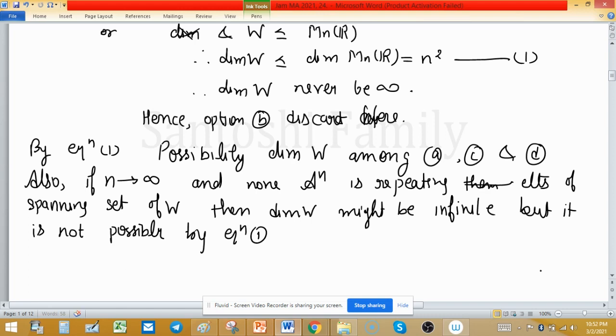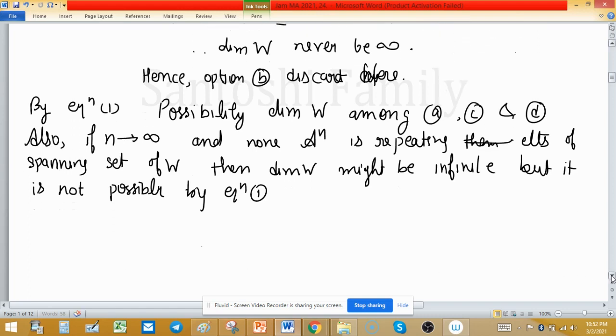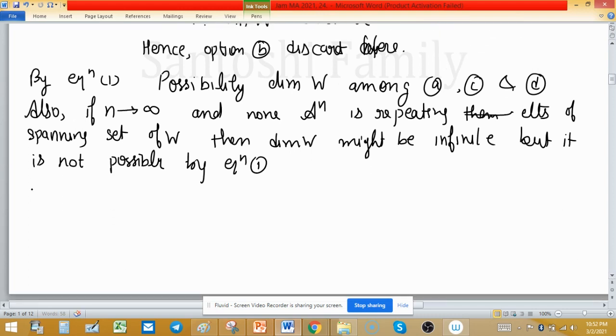Let us consider an element A in the vector space Mn(R). Then we can write the characteristic equation. How do we write the characteristic equation? A minus lambda I, and the expansion of its determinant, will give you the characteristic equation.